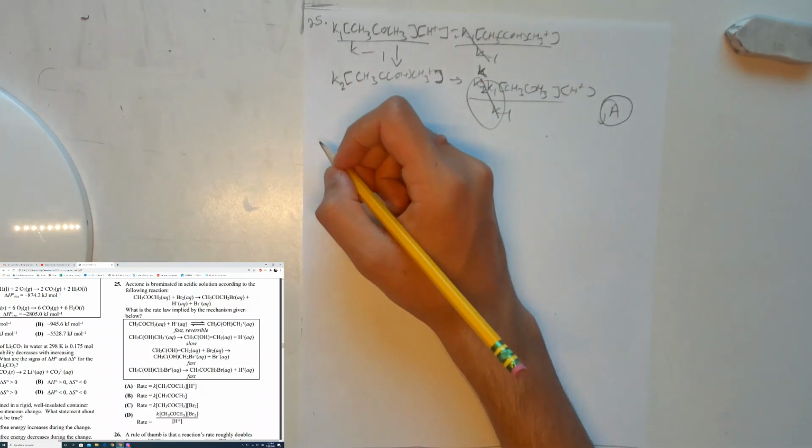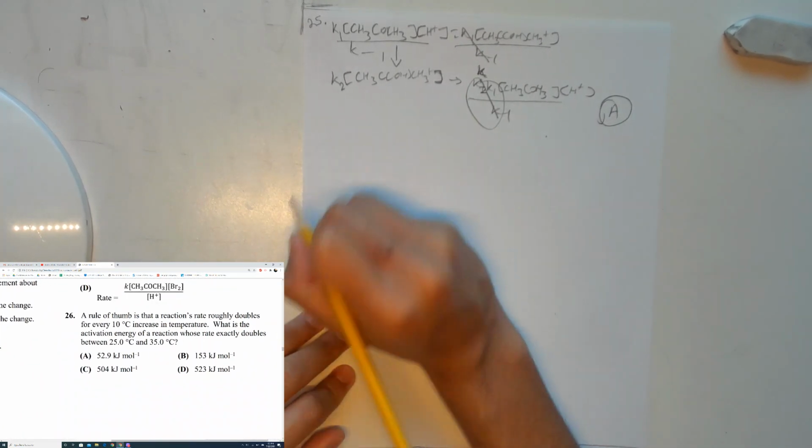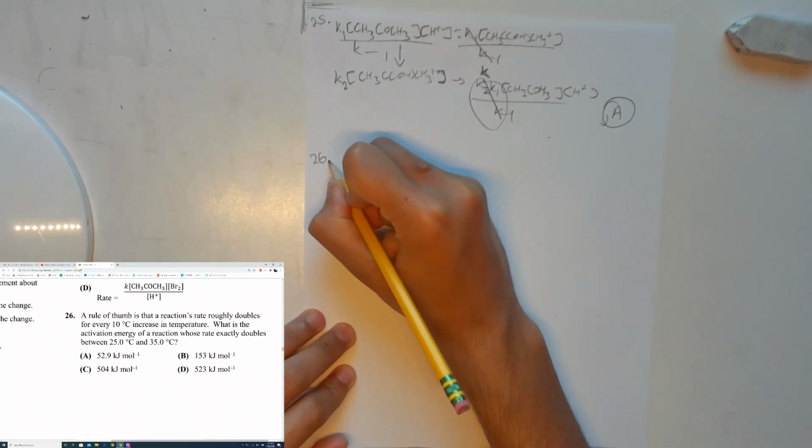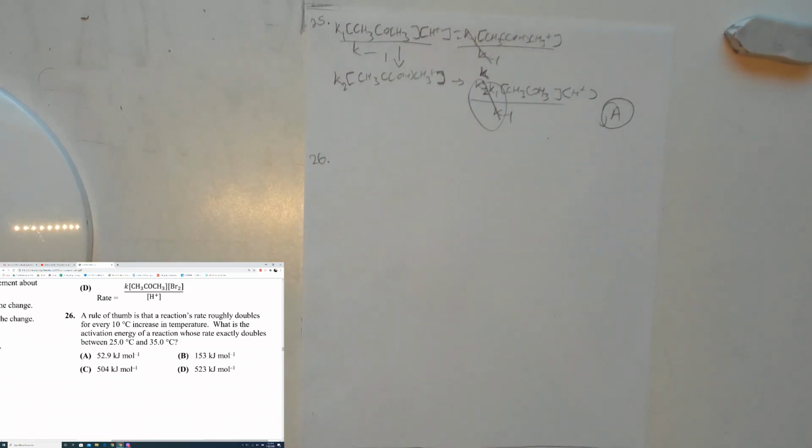Moving on, 26. The question says a rule of thumb is that a reaction's rate roughly doubles for every 10 Celsius increase in temperature. What is the activation energy? The key thing to realize is that the concentration is constant.